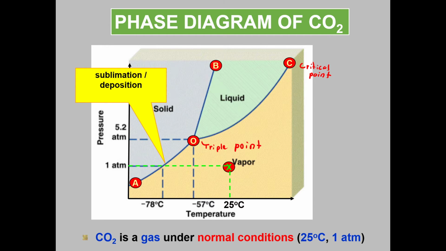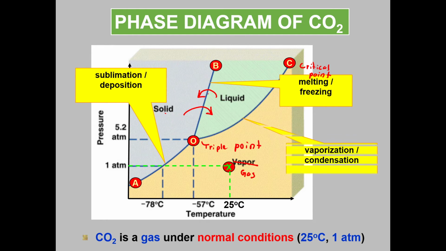So at this line, we have sublimation or deposition, where the solid turns into gas. Okay, what we discussed earlier. Or at this line, which is melting or freezing, solid turns into liquid or vice versa. And the final one is liquid turning into gas. We have those processes happening at those lines.